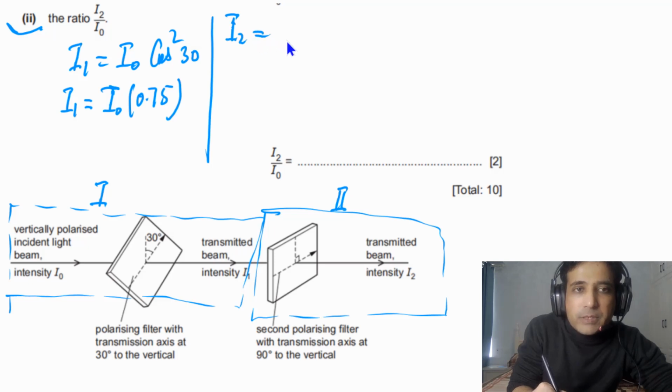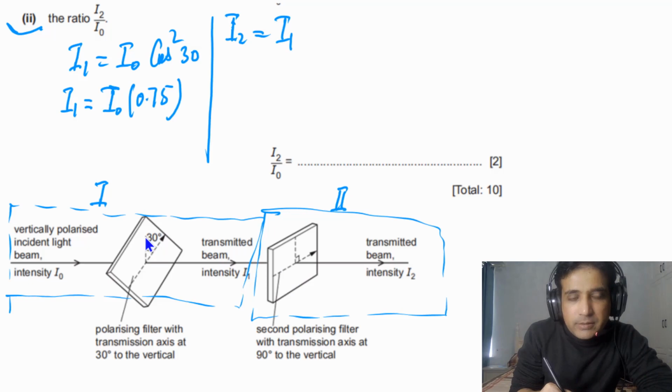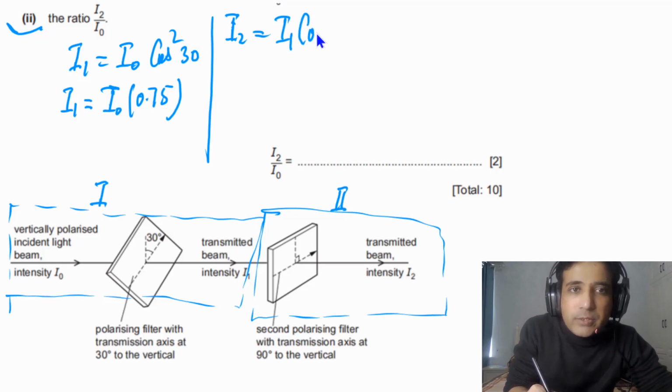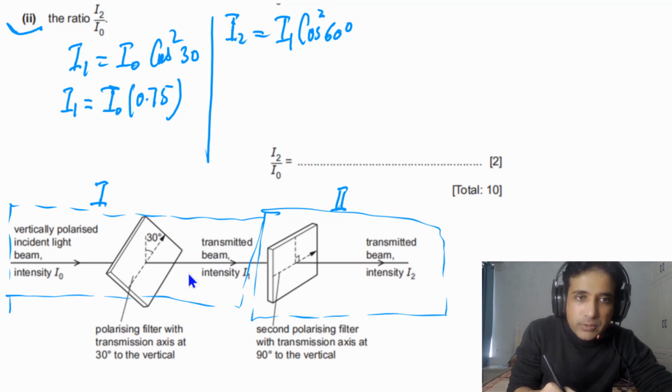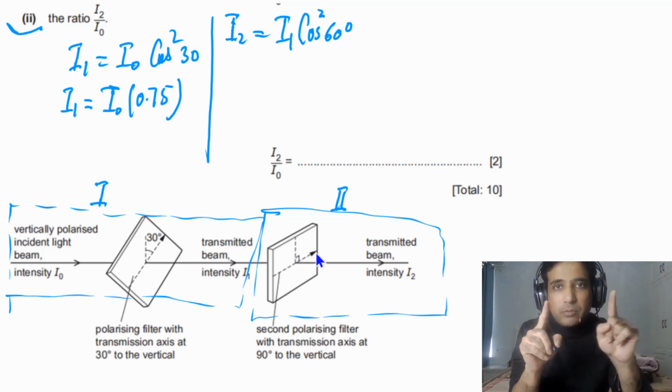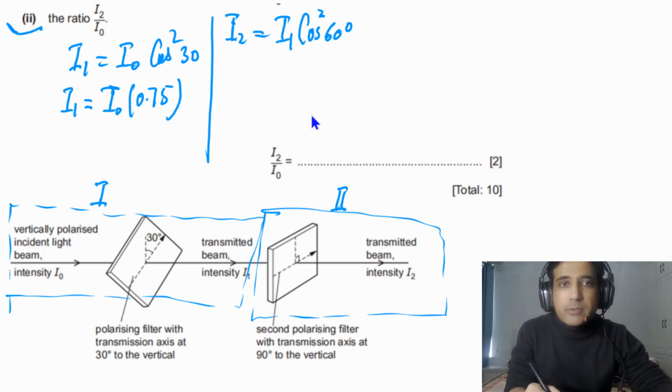I2 will be equal to I1 times cosine squared of the angle. The angle of this transmission axis with the vertical is 30 degrees and the angle of the other with the vertical is 90 degrees, so the angle between these two transmission axes is the difference, which is equal to 60 degrees.